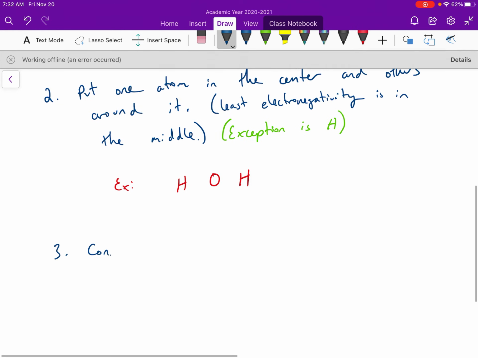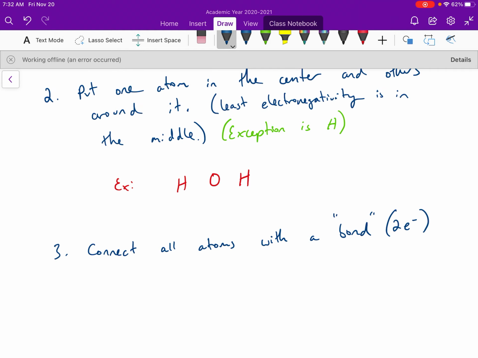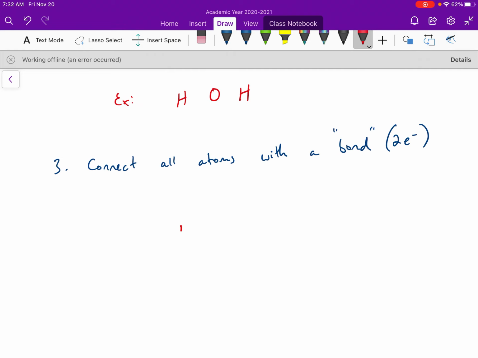Third part, connect all atoms with a bond. I'll put that in quotes because a bond is considered 2 electrons. You can think about it as 1 from each of the atoms. So I'm going to connect all of the atoms with a bond.